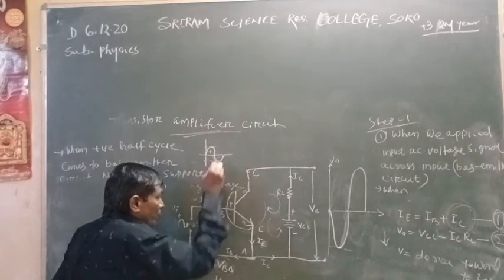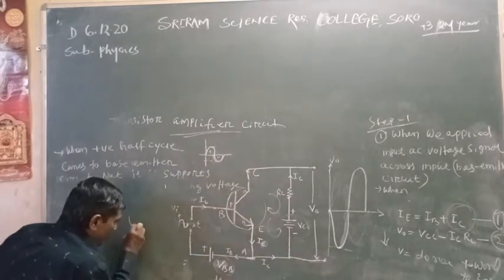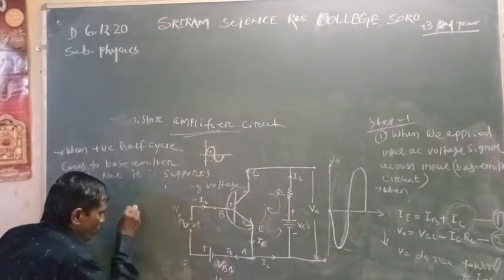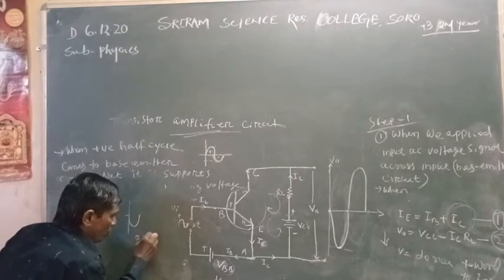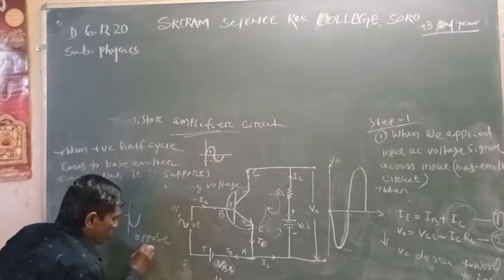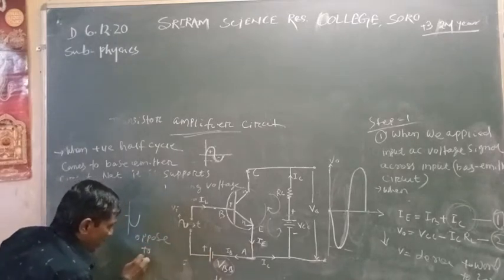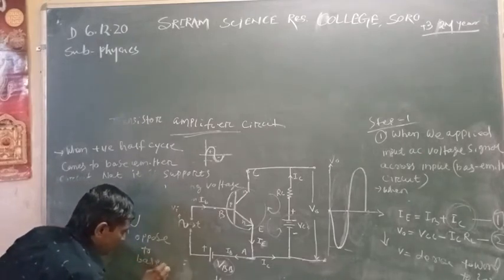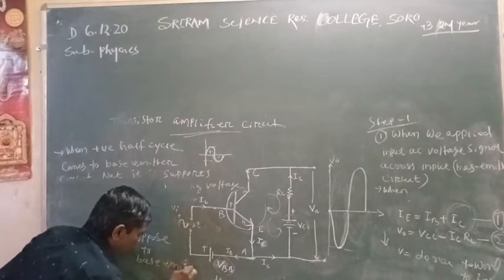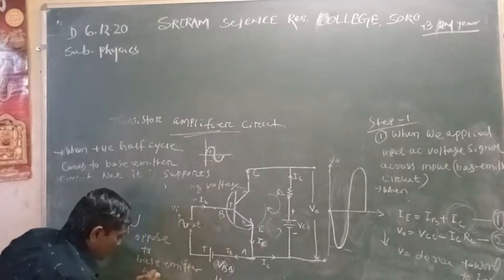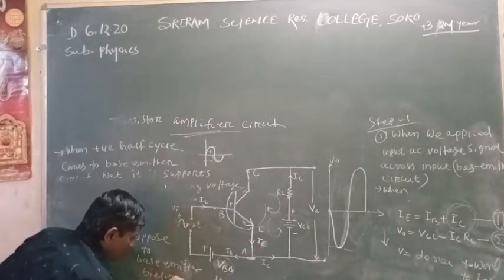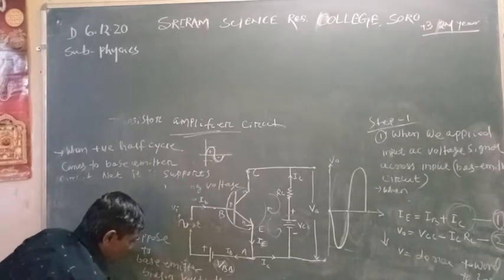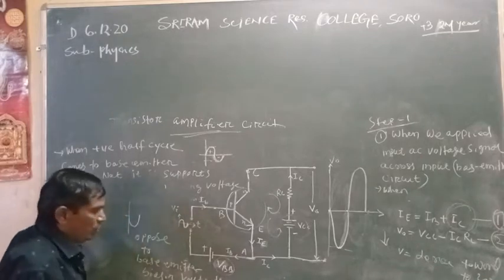This negative voltage opposes the biasing voltage, the base emitter biasing voltage, that is VBB, the biasing voltage battery.